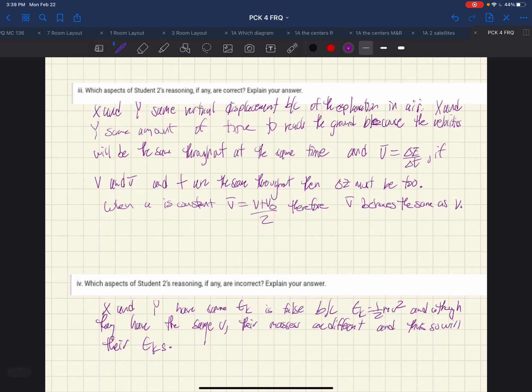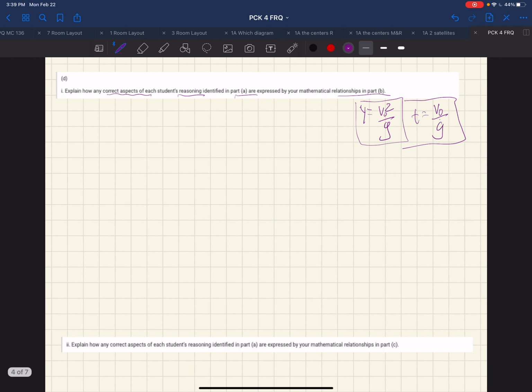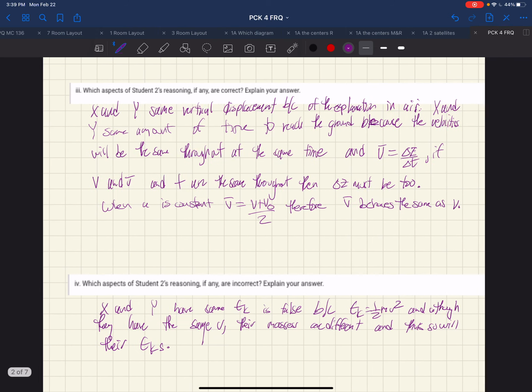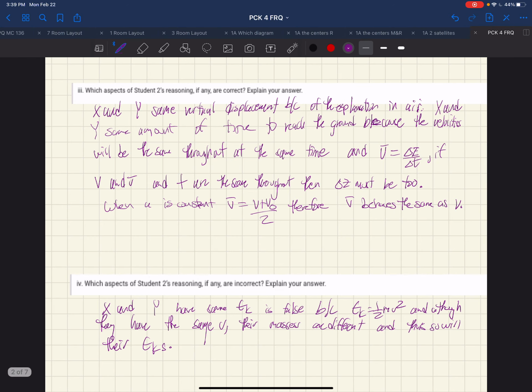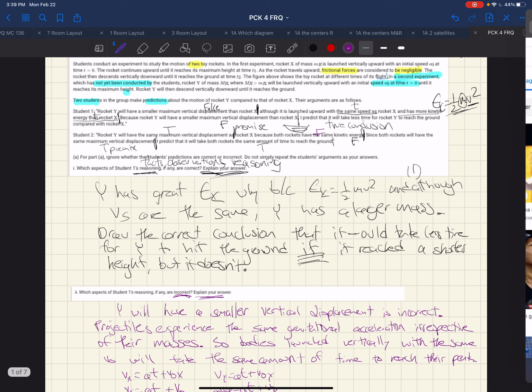So in part A, correct. Same vertical displacement. So they said the same vertical displacement. So what we can say is, student 1, was that student 1 or was it student 2? Student 2. Let's start with student 1. So the kinetic energy doesn't have any bearing on it.